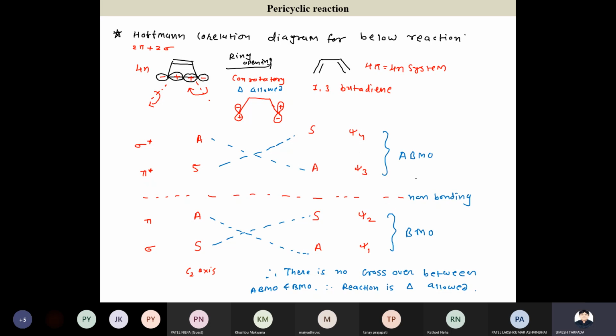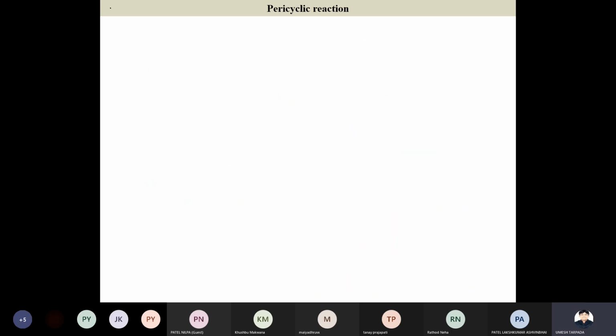See, if you construct the same diagram, you can have a ring opening reaction with a disrotatory motion. Disrotatory motion, ring opening.